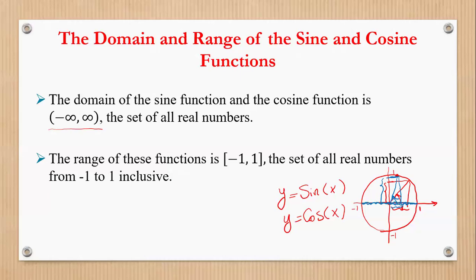Within -1 to +1, the sine values. So there is no way that we get a number for the sine or cosine of an angle which is more than 1. So that's why we say the range of these functions both are from -1 to +1.